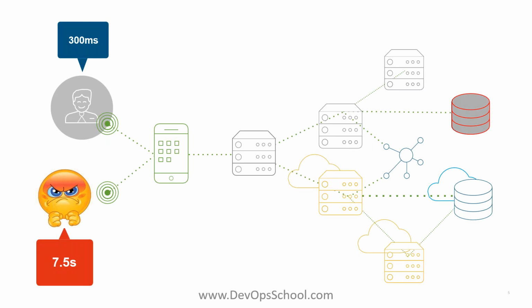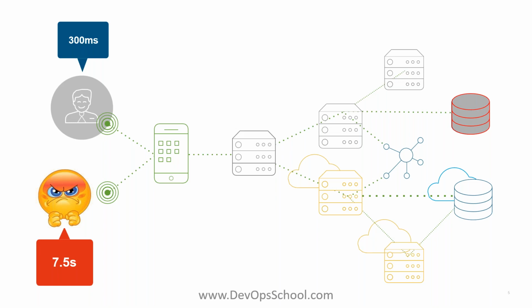Here you see different devices, different ISPs, different data centers, different load balancers, different web servers, different microservices, different app servers, different databases, and someone has requested and got a response time of 300 milliseconds, and someone else has requested and got 7.5 seconds. So what is your job?